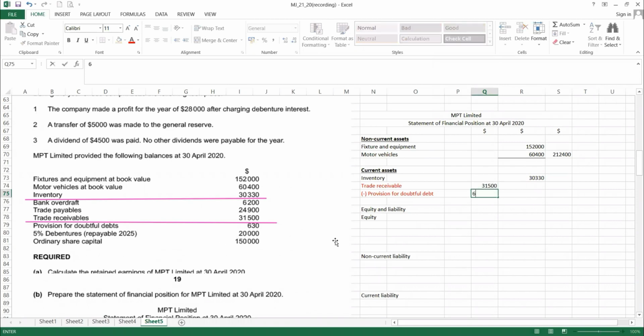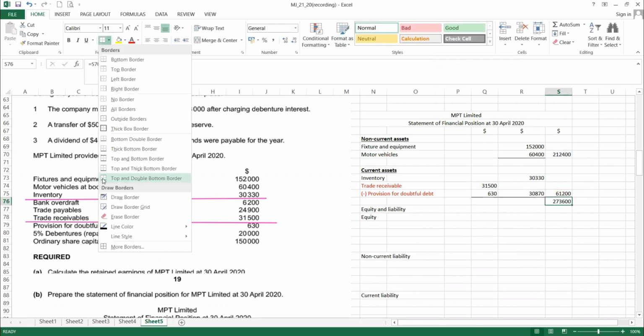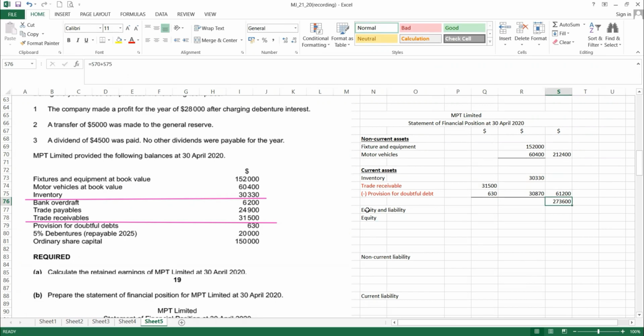Provision for doubtful debt 630. Now take the net amount, put into the second column. And then add these two together. So you get the subtotal, total asset. So this is our total asset. Accounting equation concept: asset equals capital plus the liability.